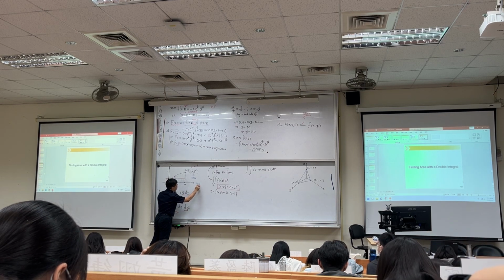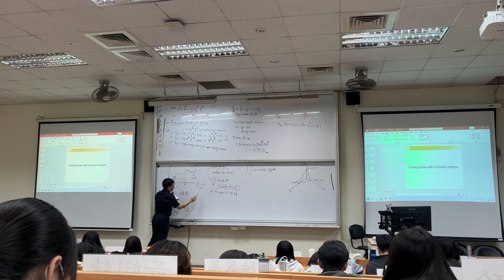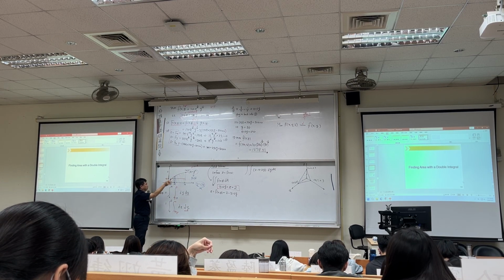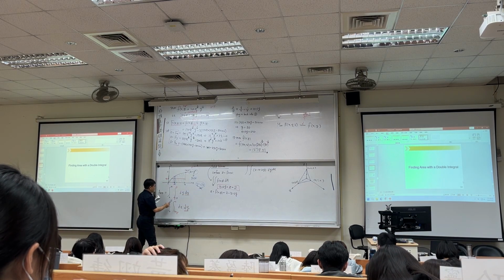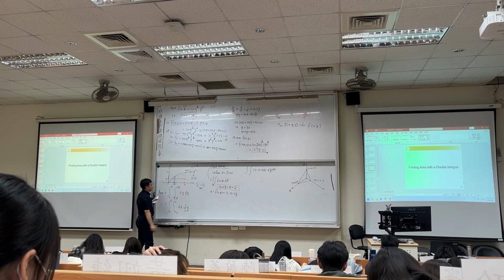Usually there should be y equal to plus and minus square root x, but this does not apply since y is in the first quadrant. So it's from 0 to square root of x.